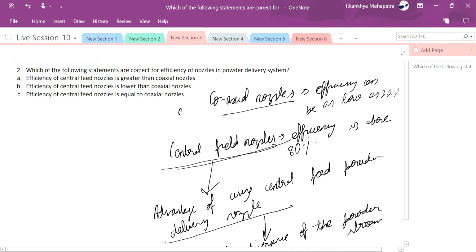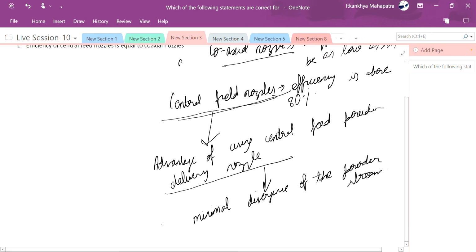Consequently, there is a lack of fusion with the substrate at the edges and excessive dilution at the center. Okay, so according to this, the correct option is option A. The efficiency of central feed nozzles is much greater than the coaxial nozzles, and that is why it is also preferred at some places, because the minimal divergence of the powder stream is very important.